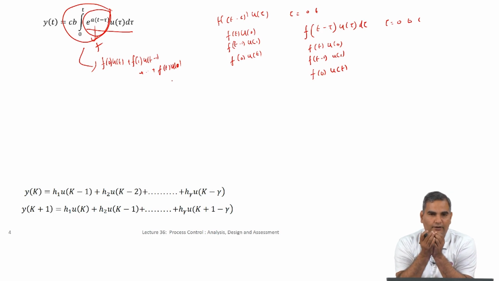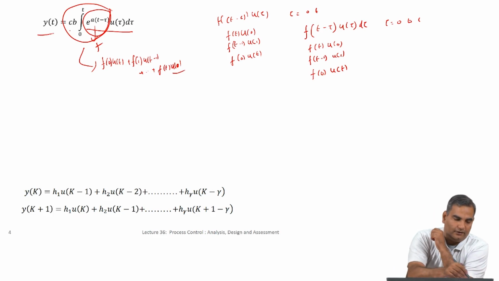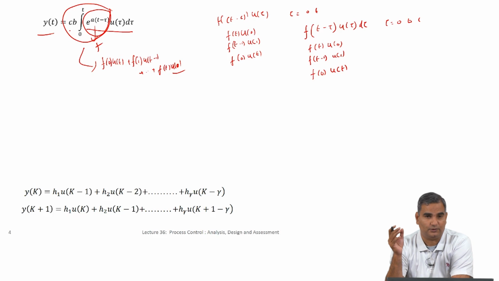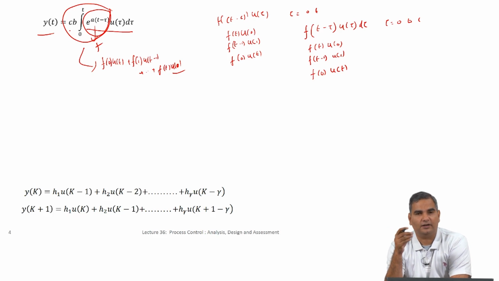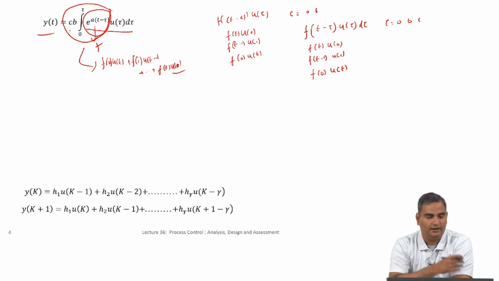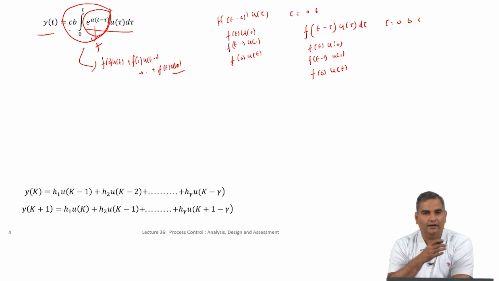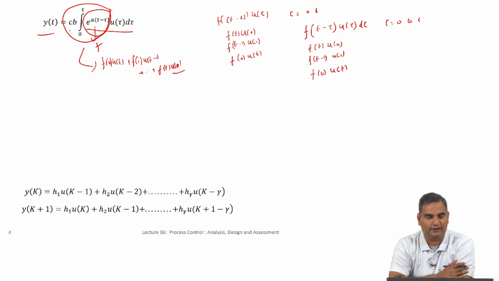So, every control move here has an effect on the output. So, whatever you have done in the past also has an effect on the current situation that you are in. Similarly, all the control moves that you have made in the past have an impact on the current output, and depending on how far in the past you have made that move, there is a corresponding weighting that goes with that. Okay.